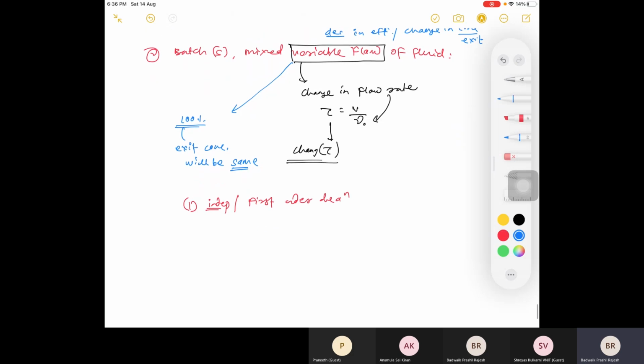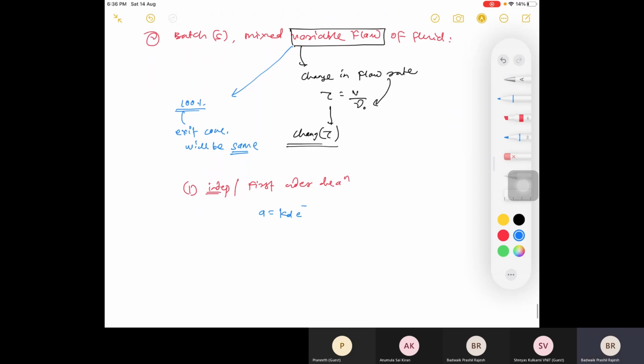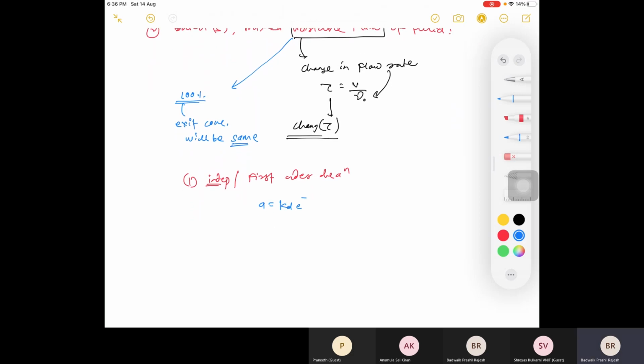So what I can write here, A is equal to e to the power minus Kd into T. And how we derived dA by dt is equal to Kd into A. From this we derived.